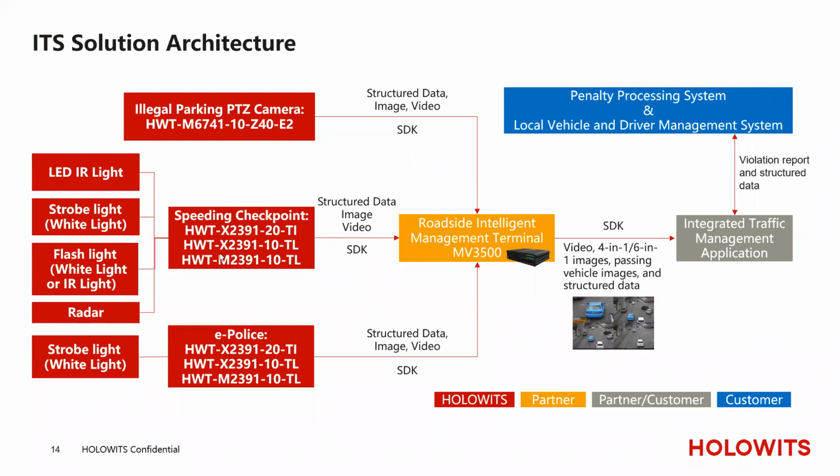You can combine these with the speeding checkpoint cameras like this X239, which is for checkpoint. Also, you can set the PTZ cameras like the M6741, and the E-place cameras, which are a similar model to the checkpoint cameras. So these three cameras are usually used for ITS solutions.